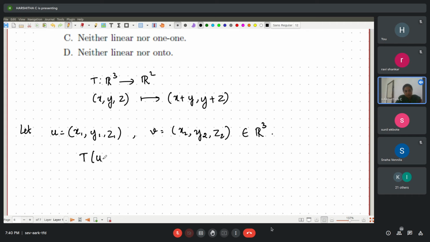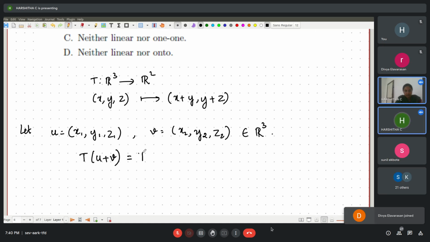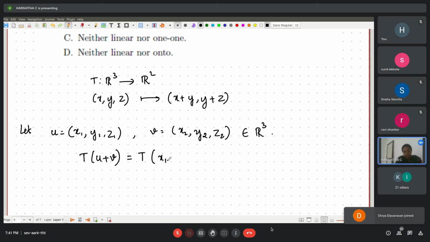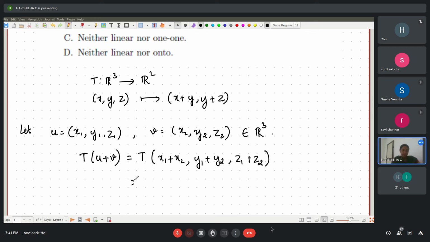So what is T of u plus v? T of (x1 plus x2, y1 plus y2, z1 plus z2). So this is given by x plus y, which is x1 plus x2 plus y1 plus y2.